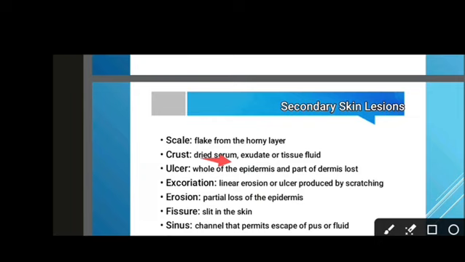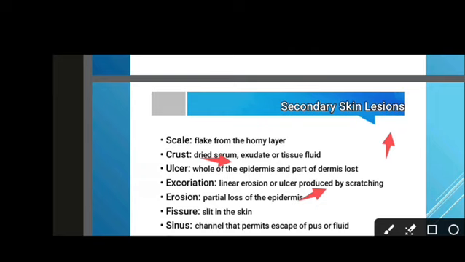Another secondary type of skin lesion is excoriation. Excoriation is a linear erosion or ulcer produced by prolonged scratching of the primary skin lesion. When we come to erosion, it is a partial loss of the epidermis of the skin.